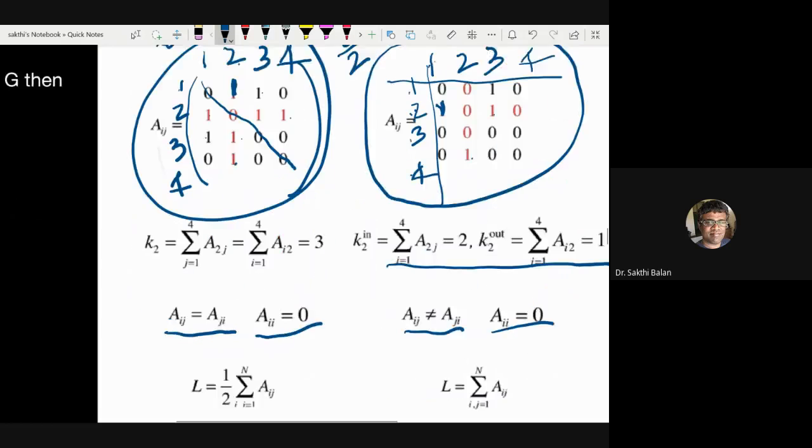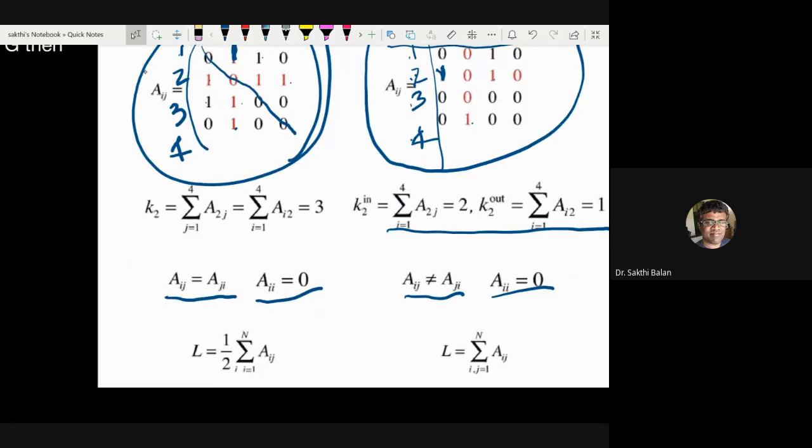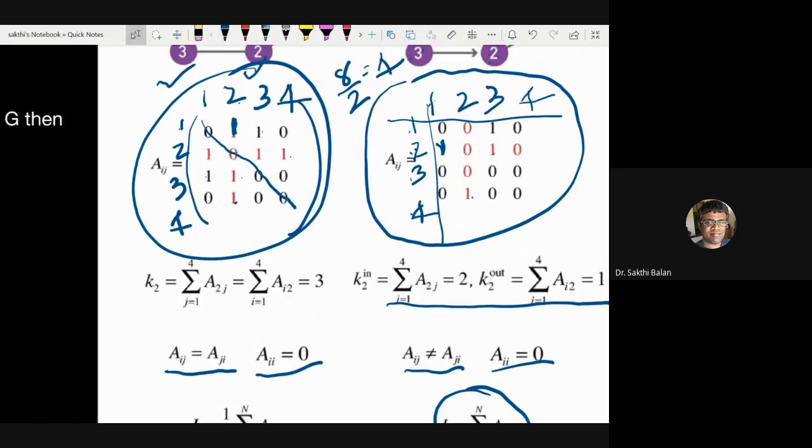So in general, if you sum up all the Aij entries and then divide by 2, you will get the number of links. Likewise, in a directed graph, you don't have to divide by 2. In the undirected graph, you are taking 1 for each of these cases, 1, 2 also and 2, 1 also, so you need to divide it by 2.